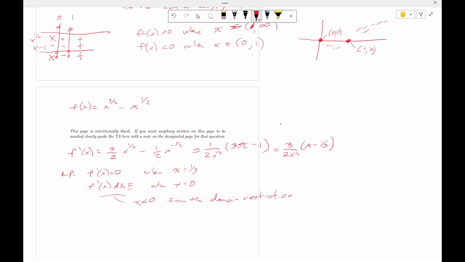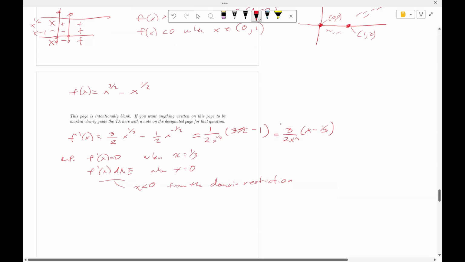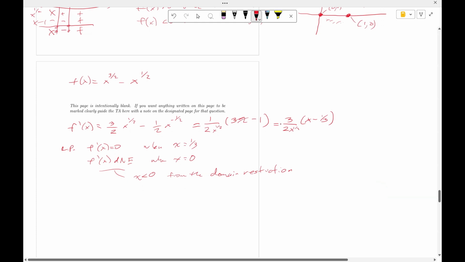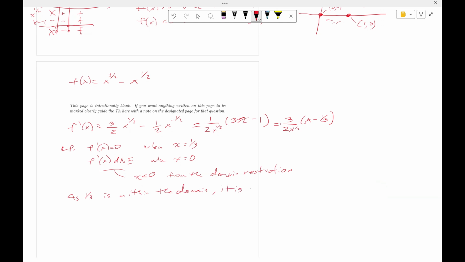But remember, for our critical points, these must be within the interior of the domain. So now I take these points and check to see if they're in the interior. As 1/3 is within the domain, it is a critical point.